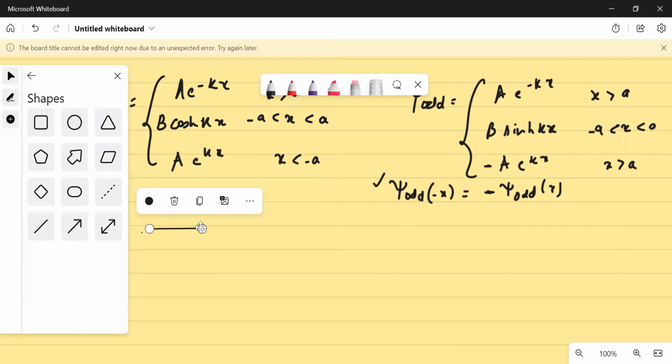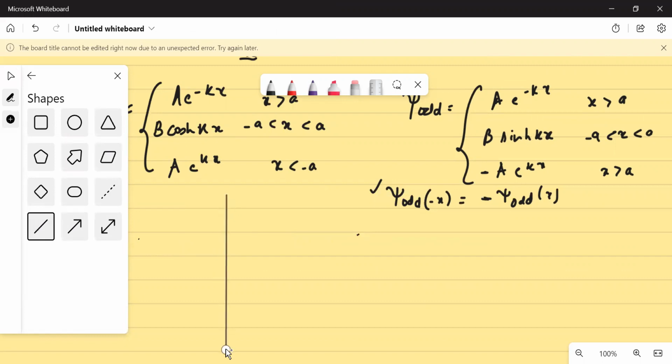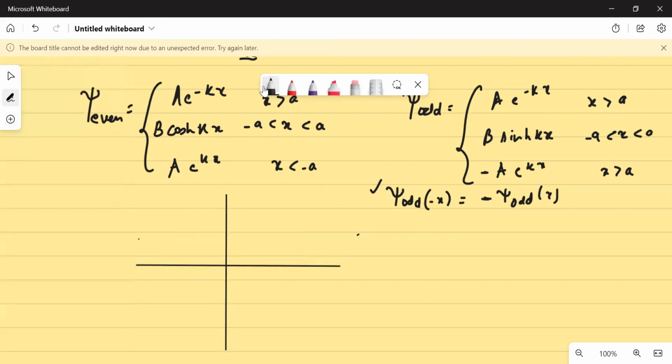What I would do is, first I'll try to make a graph of cosh x. So how does cosh x look like?